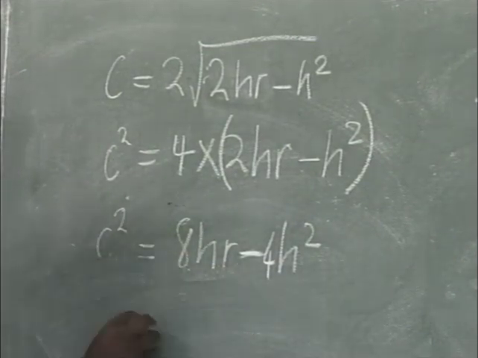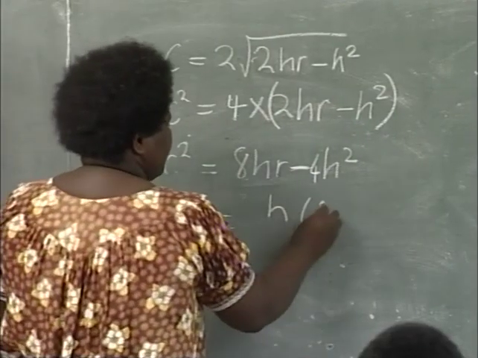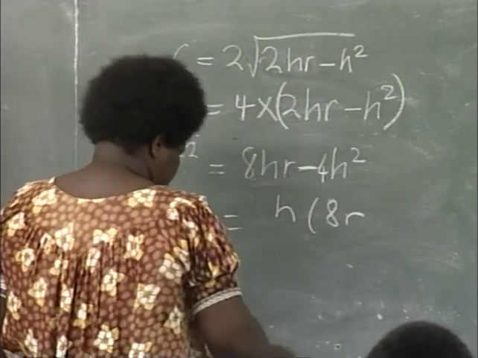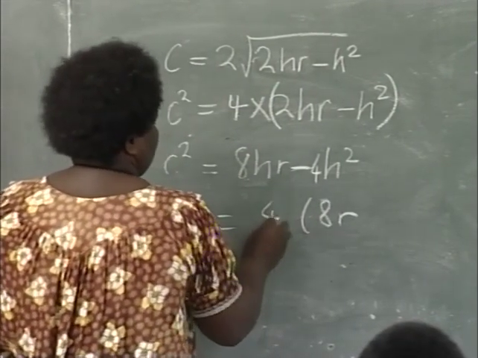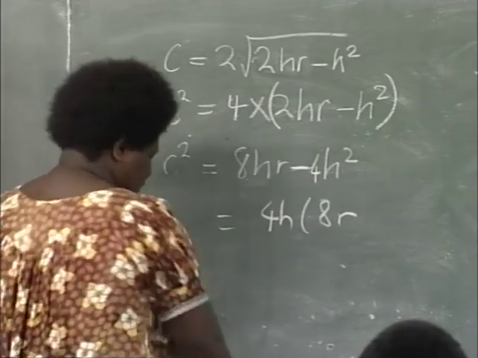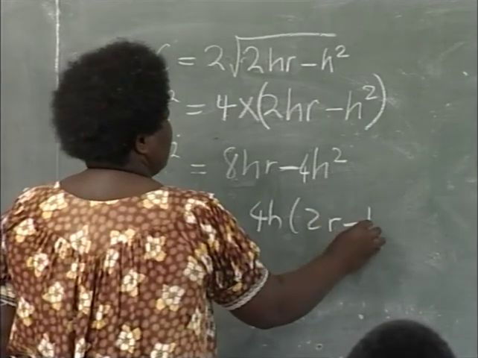We want h to be the subject of the equation, so we factorize. h times 8r, sorry, 4h, won't make any difference. Okay, 4h times 2r minus h.